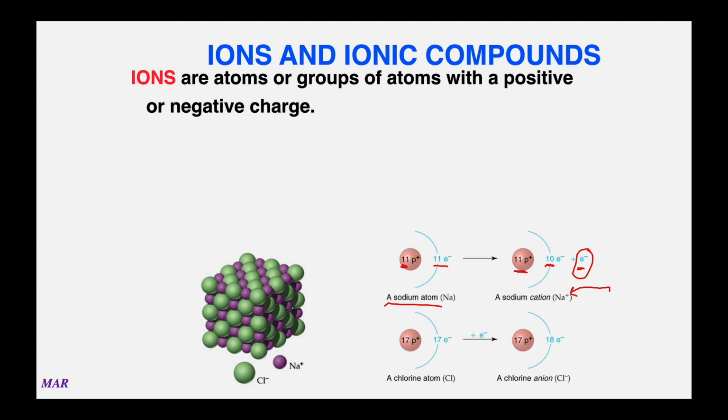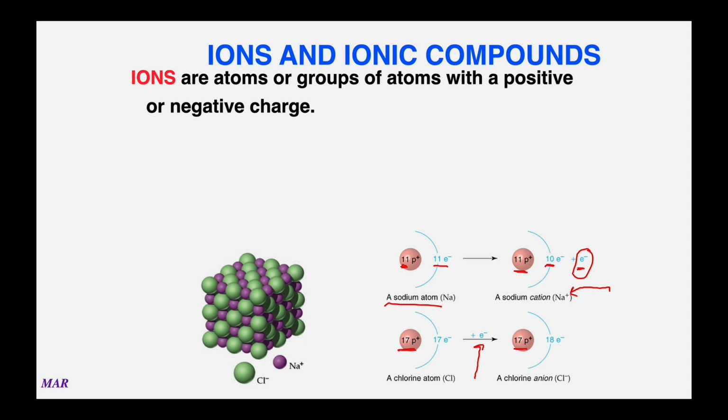Now, electrons are pretty feisty and they don't stay by themselves for very long. So if sodium's going to be losing an electron, that electron has to go somewhere. And we're going to see that chlorine likes having an extra electron. Now, chlorine is number 17 on the periodic table. So it has 17 protons. And even after it does something with the electron, it still has 17 protons.